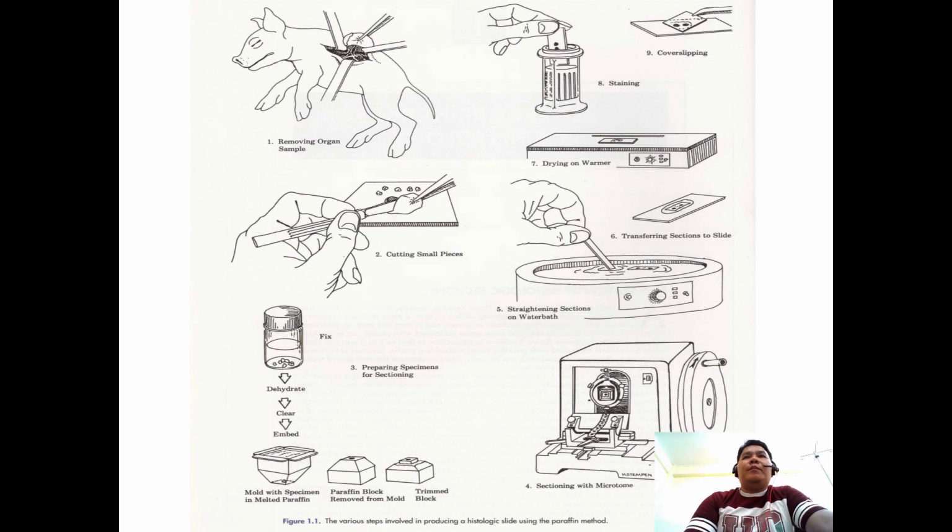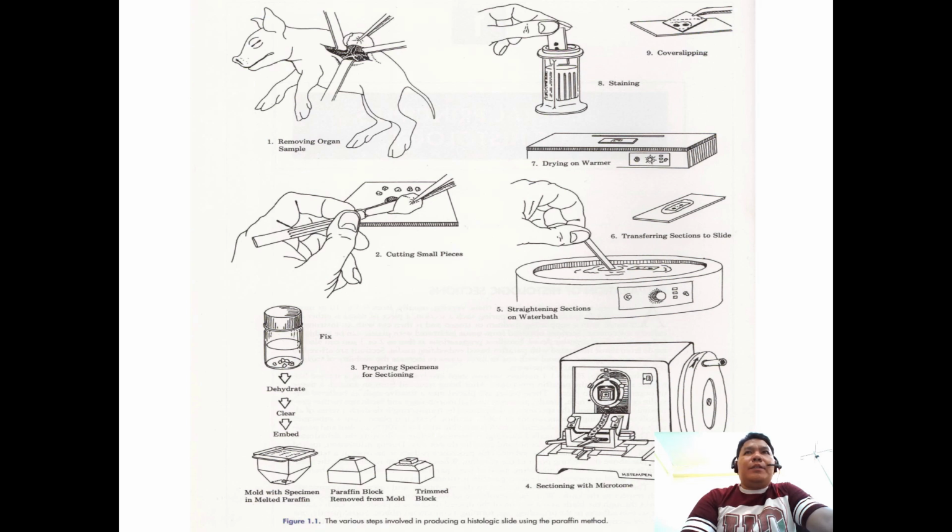After being removed from an animal, a tissue or organ is cut into pieces, and these pieces are placed into a fixative agent such as 10% buffered formalin, which ideally preserves the normal morphology and facilitates further processing.